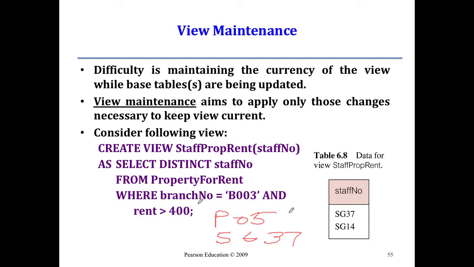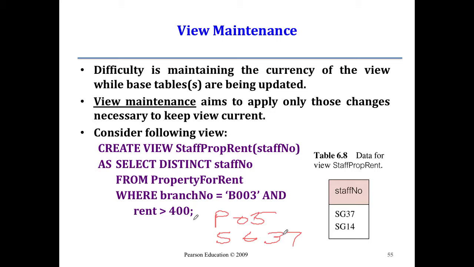Now, that said, if I asked you on a quiz or a test, I might give you these different scenarios that I just gave you. You should be able to tell me what needs to be done. I might say, I insert a new property, P05, managed by SG37 for 300 pounds. Does the view need to be updated?